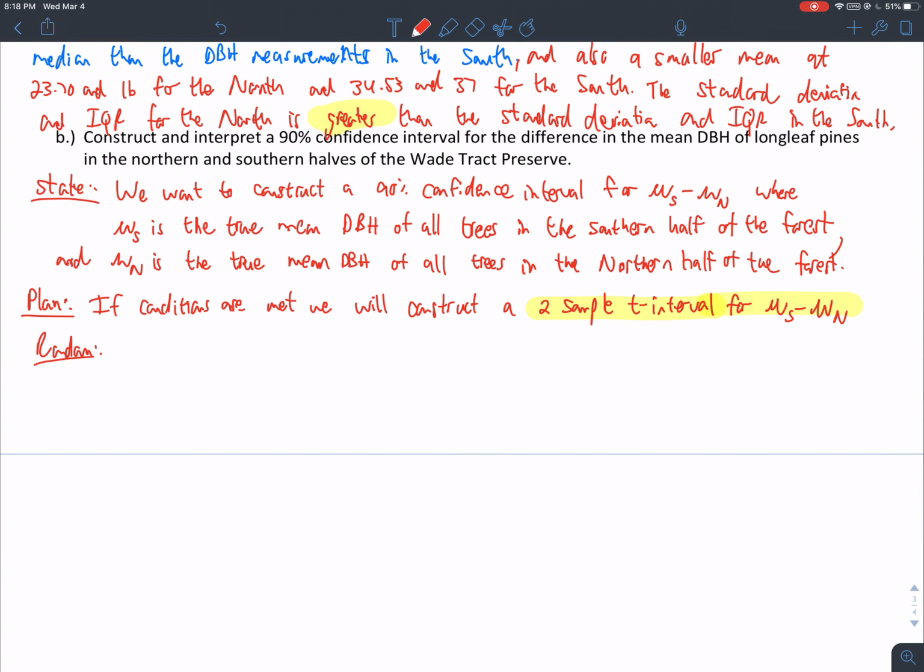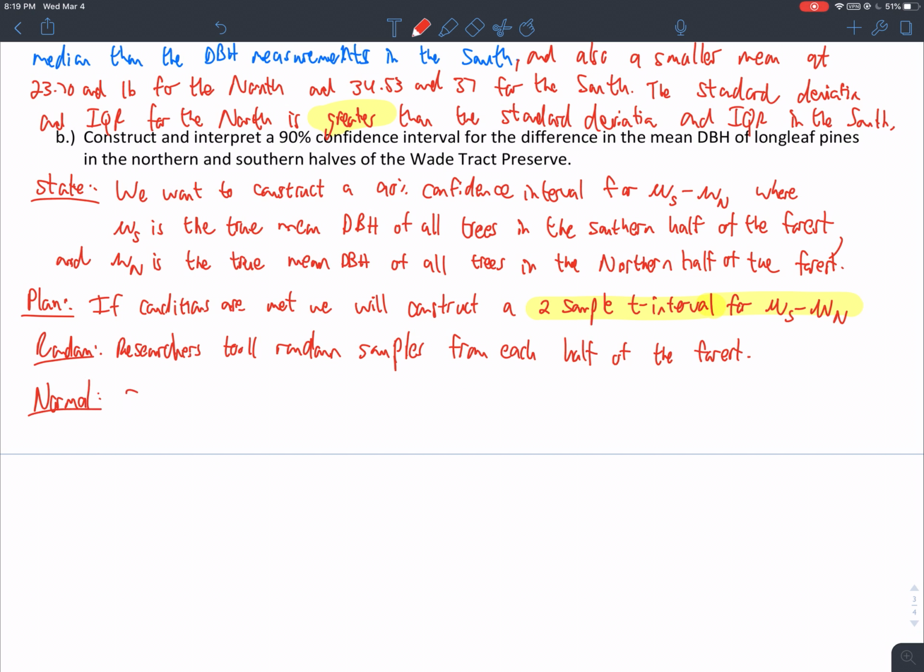Okay, so we just say researchers took random samples from each half of the forest. Okay, fine. Normal. Good news here.